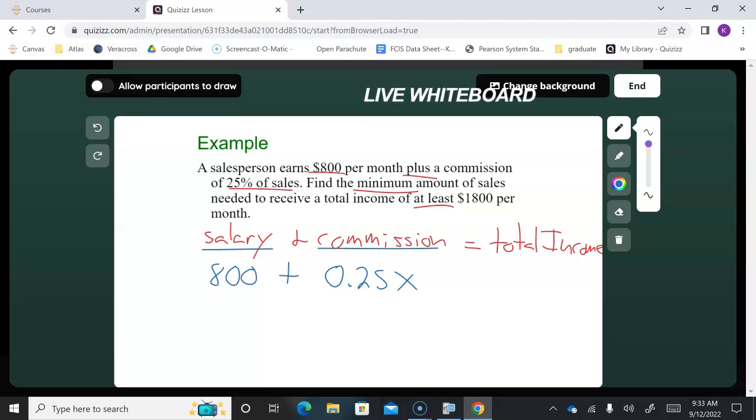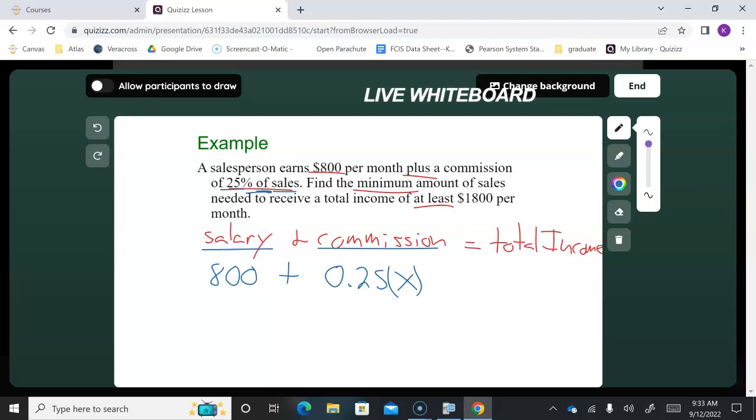How do I know I'm doing multiplication of 25 and sales? Of 25% of a number, you multiply that number by the percent. Percent of a number is multiplication. So 25% of sales is going to be 0.25x. Those are getting multiplied together.